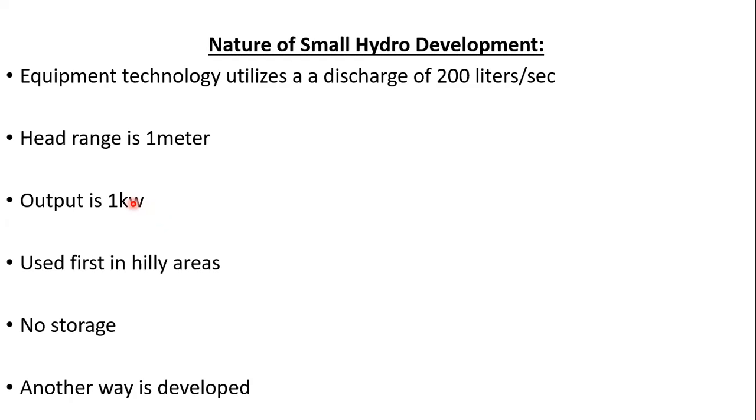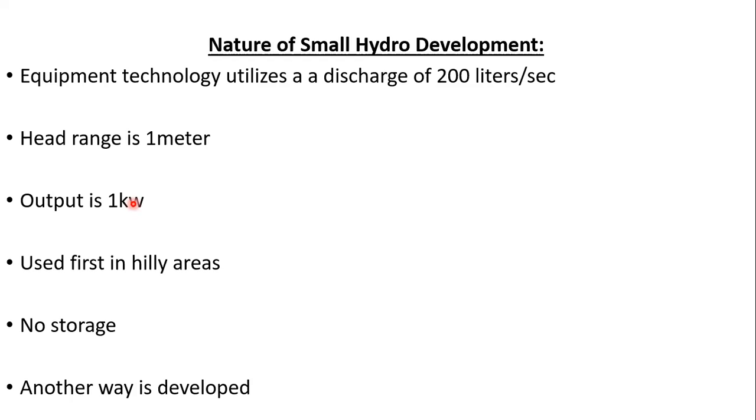The civil work comprises a small structure to divert the flow of the hilly stream or river, or simply a small water conductor system such as a channel, flume, or buried conduits, a powerhouse building, and a small length of transmission lines. These are all the required systems for small hydro developments.